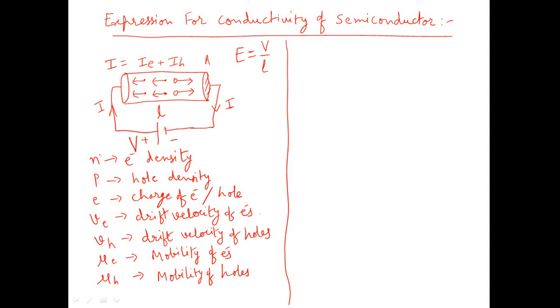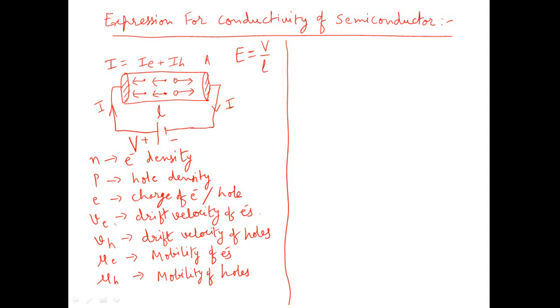So if n is the electron density, that is the number of electrons which are crossing this cross-sectional area A of the semiconductor, and p is the hole density, so it is the number of holes which cross this cross-sectional area A, where e is the charge of electron or hole. You know that the charge of electron and hole are equal, just opposite in sign.